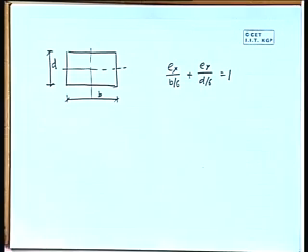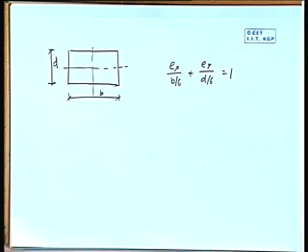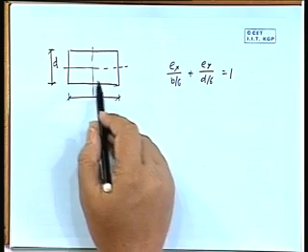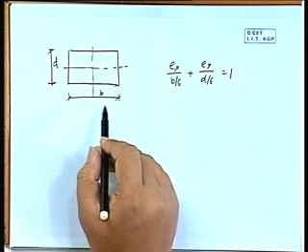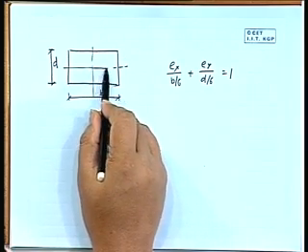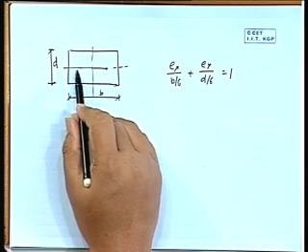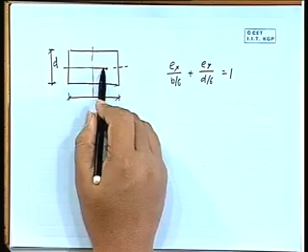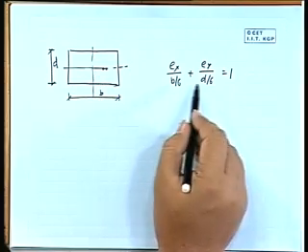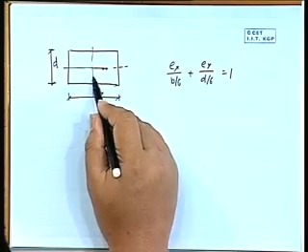Now, what is that line? What is Ex? Ex we are taking along this. So, here it will be b by 6, whereas the edge is at b by 2, so it will be more or less 1/3, and here it will be d by 6, 1/3.